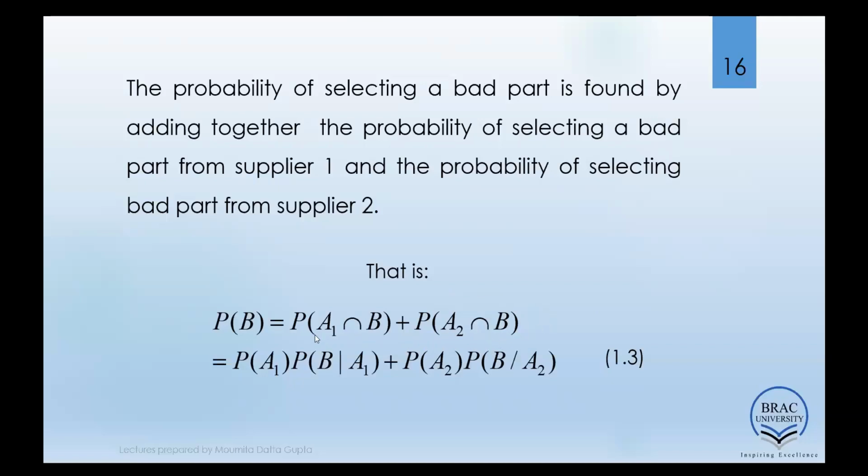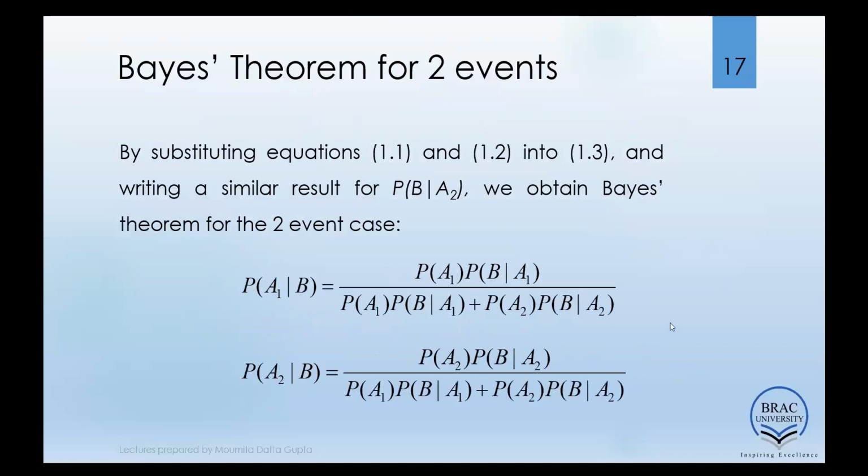Then we simply use the expression we discussed in the previous video, the product rule. Finally, we can write the probability of B as this line, and we denote this as equation 1.3.